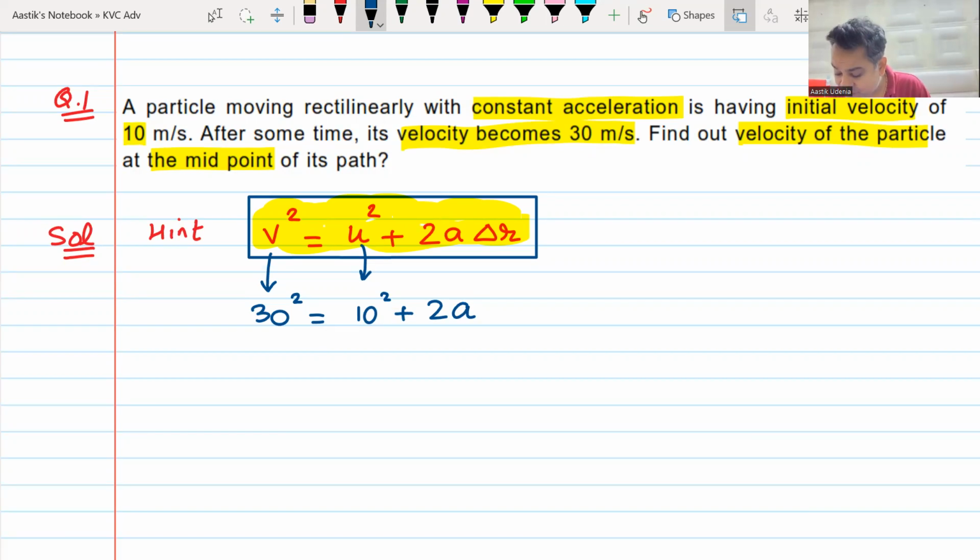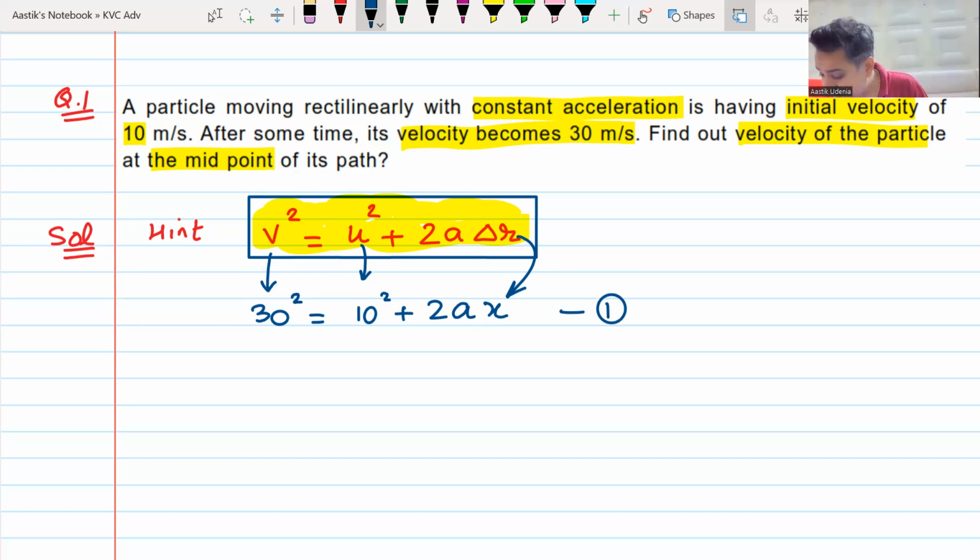Let me call the displacement X in this case. That is my equation number 1.